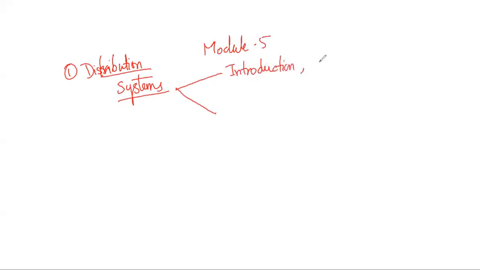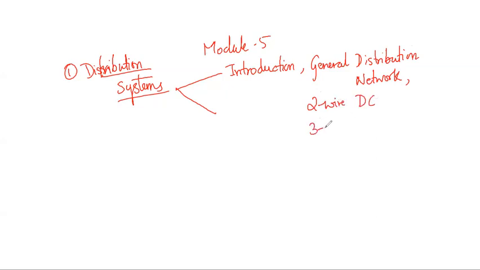So what you have here in the distribution system is, first, the introduction part, and in the introduction you will have a general distribution network scheme. Next you have two-wire DC distribution and three-wire DC distribution.